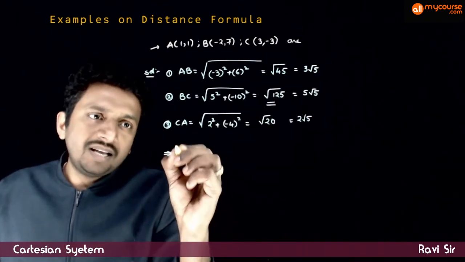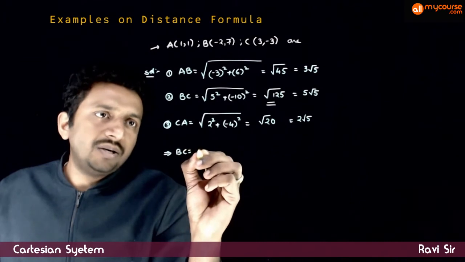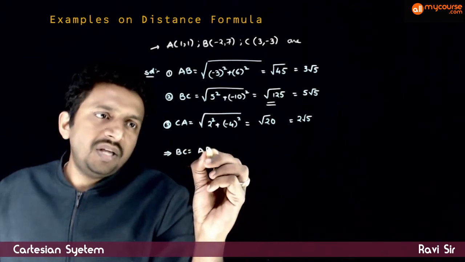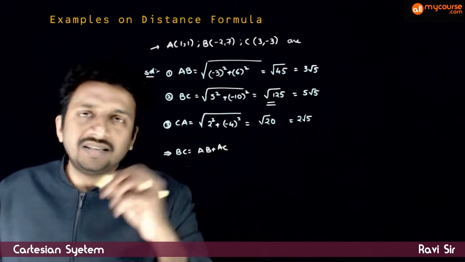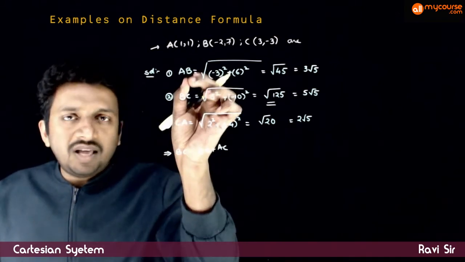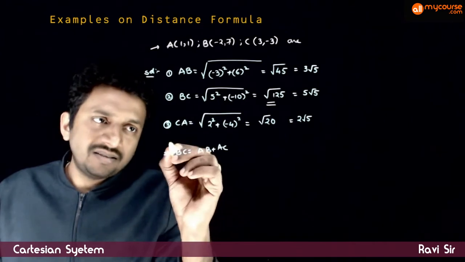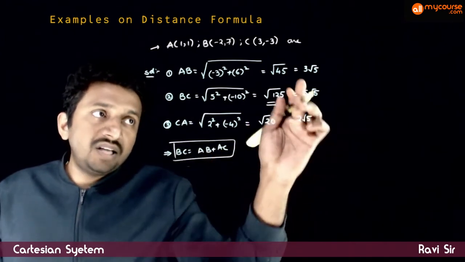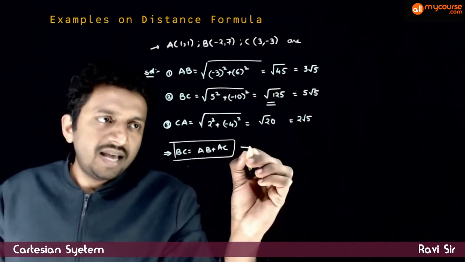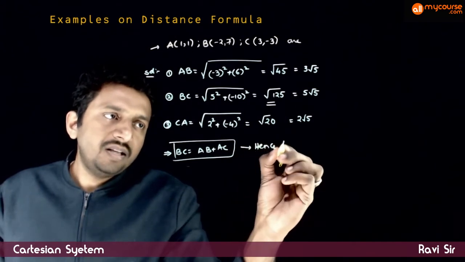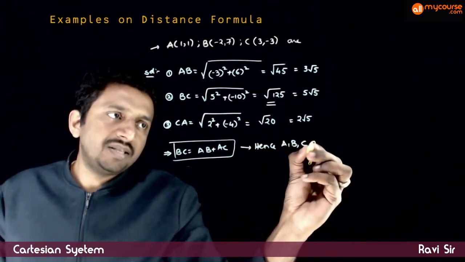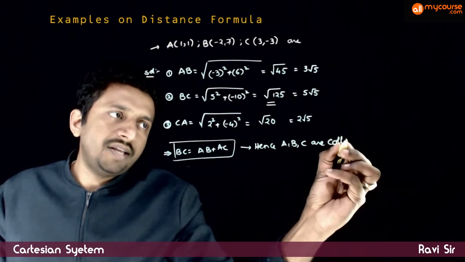So as you can very clearly see, BC is equal to AB plus AC. So 5 root 5 is equal to 3 root 5 plus 2 root 5. Hence, A, B, C are collinear.